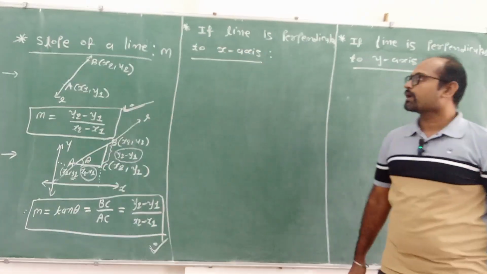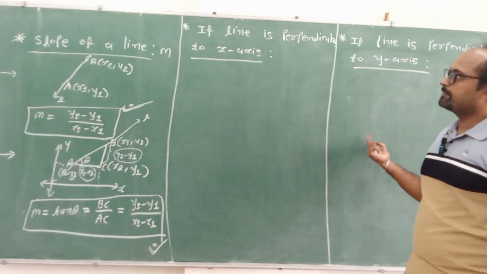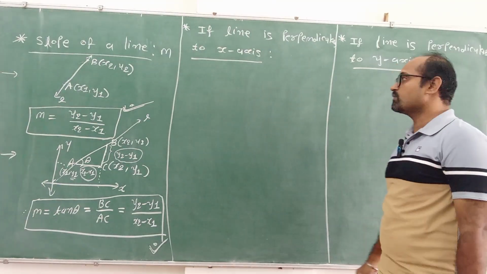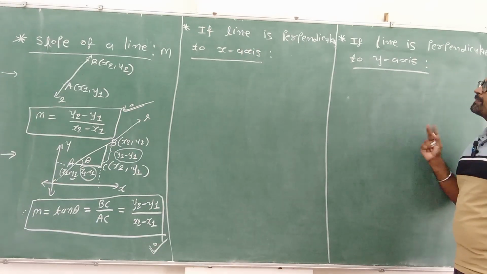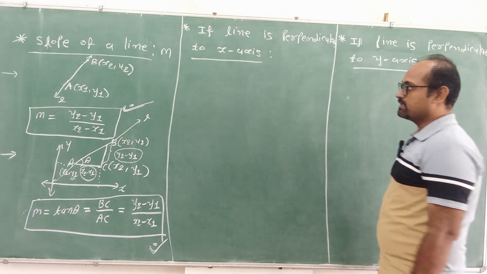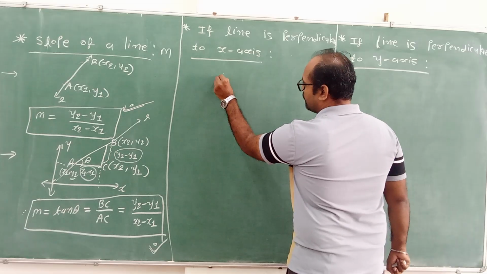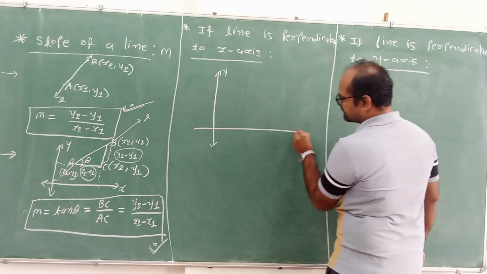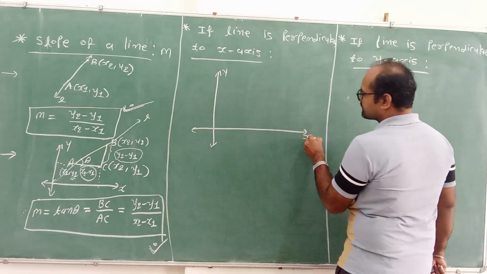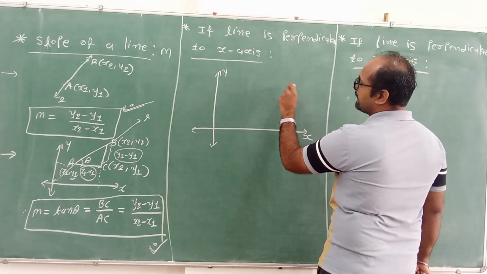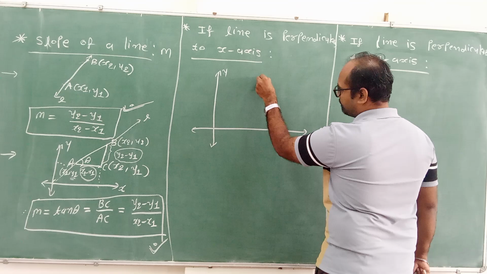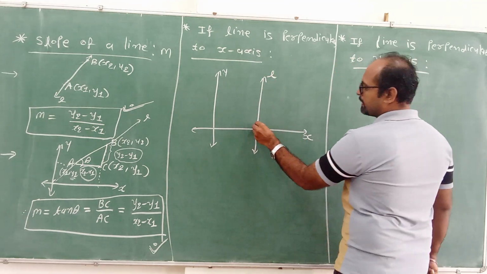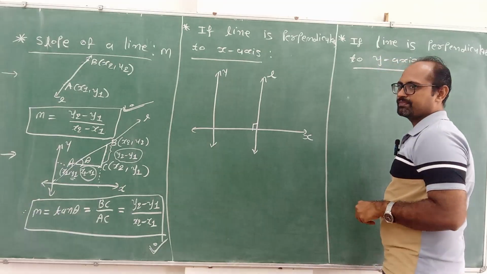I have two more questions. If the line is perpendicular to the x-axis, what happens? And if line L is perpendicular to the y-axis, what do we have? Obviously this one is the y-axis and this is the x-axis. The line L is perpendicular to the x-axis.